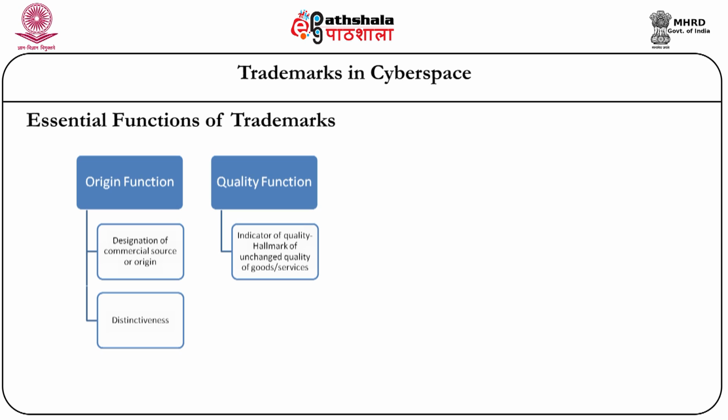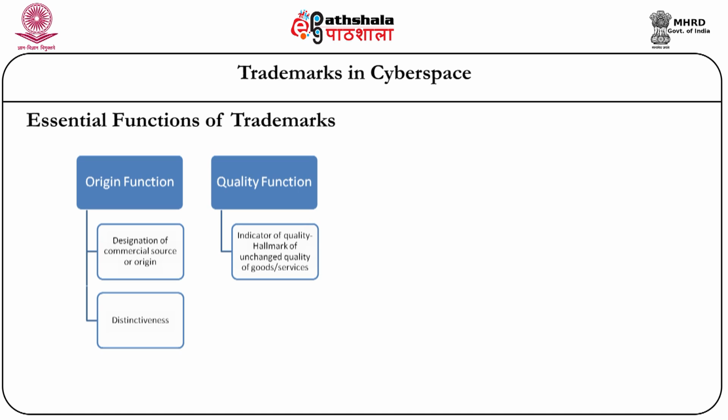Now, when I go to a market, for example, if I can identify a particular good with its trademark, and I know that a good which bears that trademark is really good, then next time when I go to the market, I do not have to negotiate with the seller about the quality of the goods. I can simply pick up the goods that bear a particular trademark.